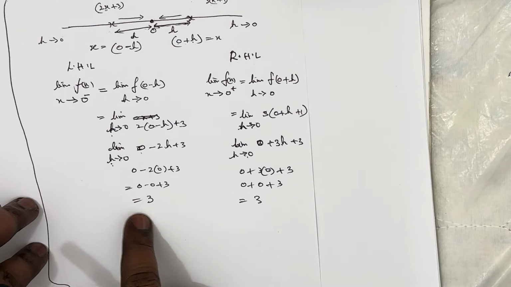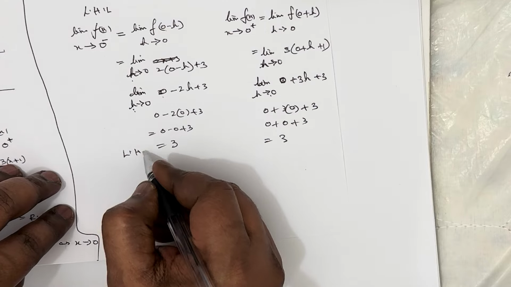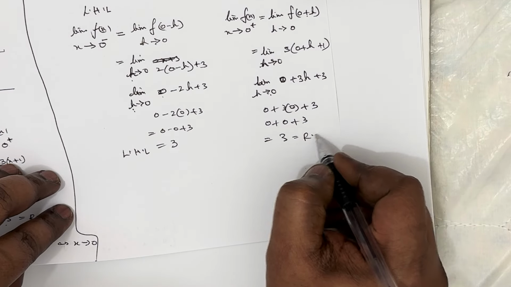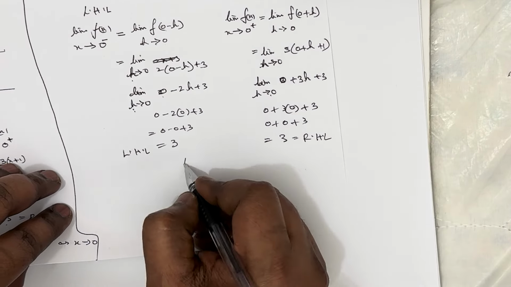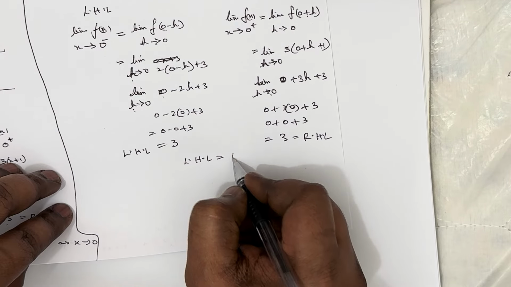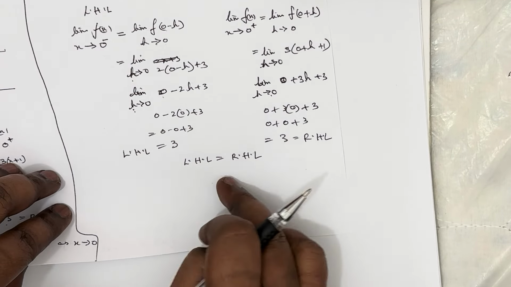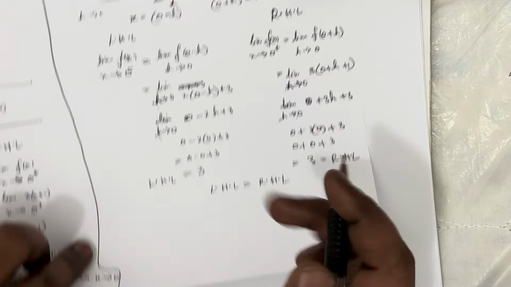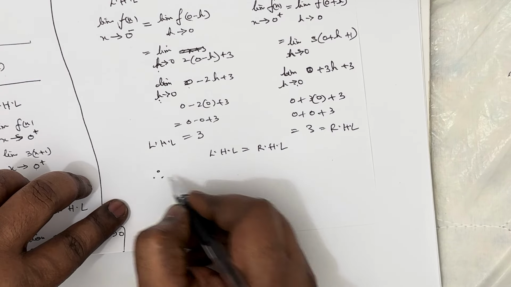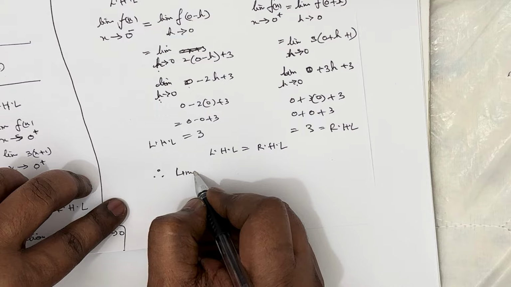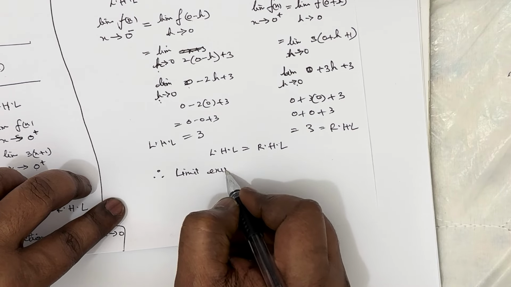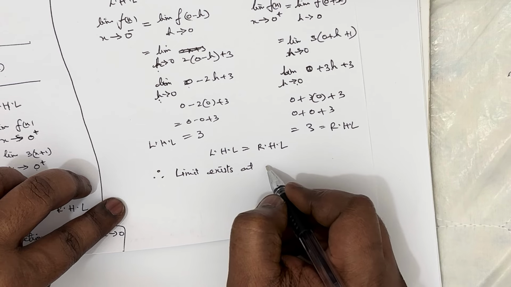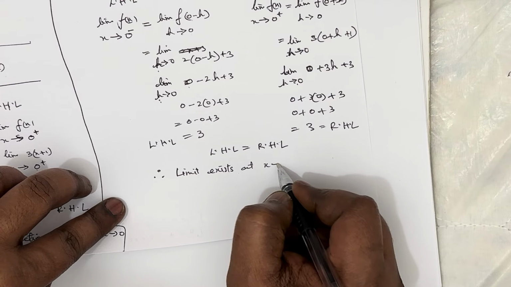See, now 3 equal to 3. The LHL is 3 and the RHL is 3. So here LHL equal to RHL. So we can say that the limit exists at this point, at x equal to 0. Therefore the limit exists at x tends to 0.